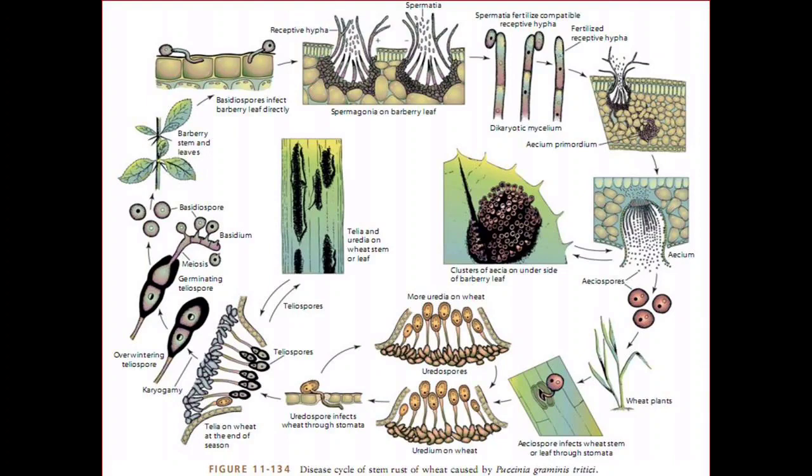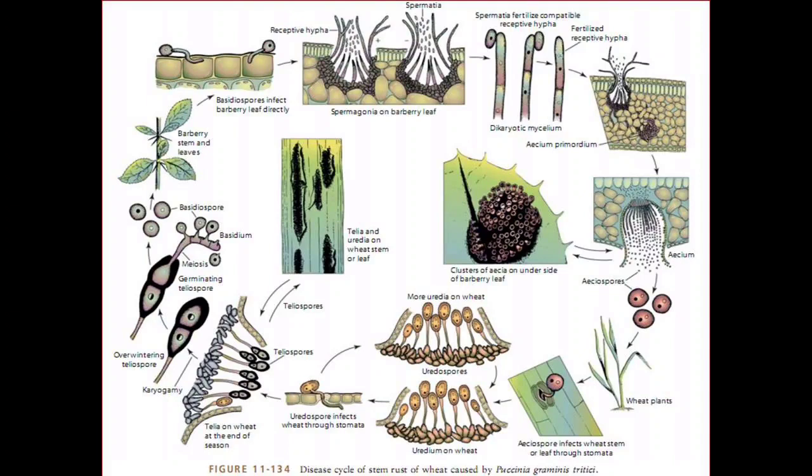When the germ tube comes in contact with the proper host, it produces an appressorium, which is a penetrating organ from which infection pegs are produced. The infection peg may enter the host through a stomatal opening from which a hyphal strand arises, which spreads intracellularly, sending haustoria into the cells to absorb nutrients.